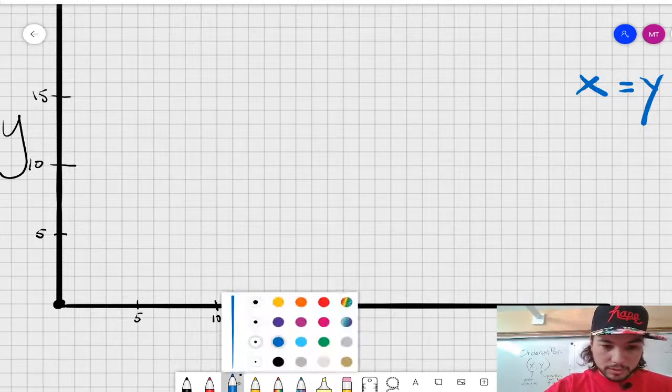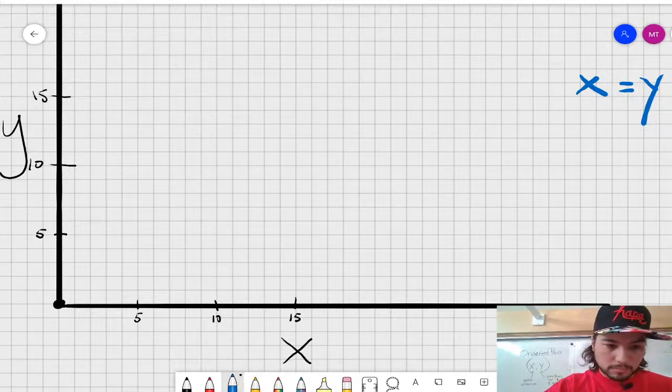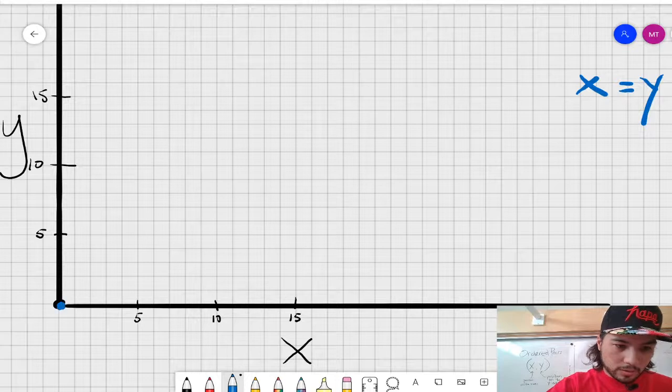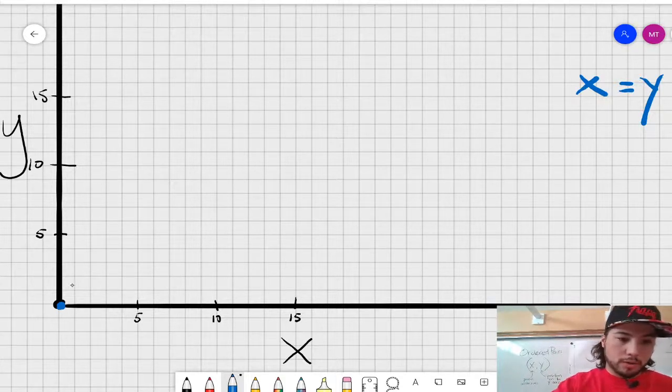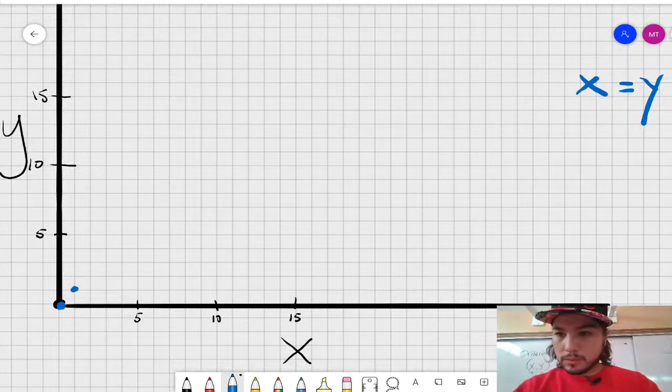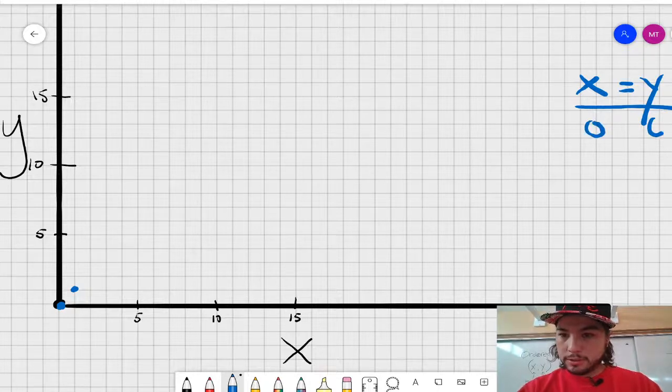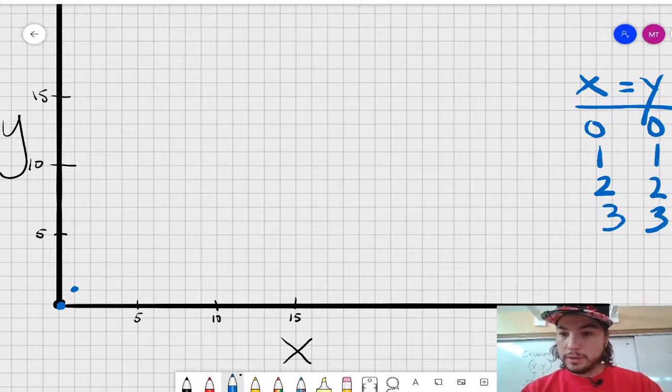So we can put 0 and 0 right there, right at our origin. Then what number would come next in our order? Right? 1 and 1. So we made this a chart: 0 and 0, 1 and 1, 2 and 2, 3 and 3, and so on, right?